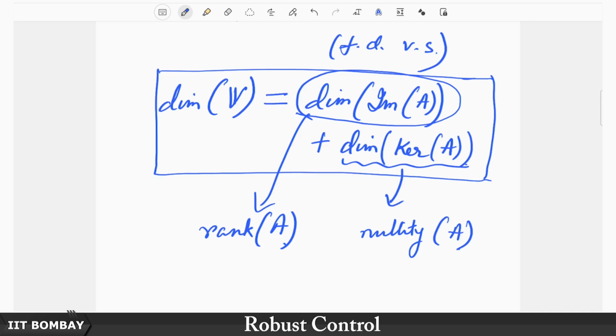This linear mapping maps from a lower dimensional vector space to a higher or equal dimensional vector space. What does that mean? That means that vector space W has a larger number of elements in its basis.